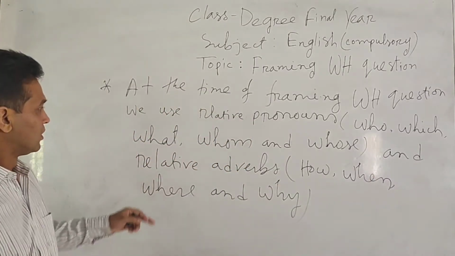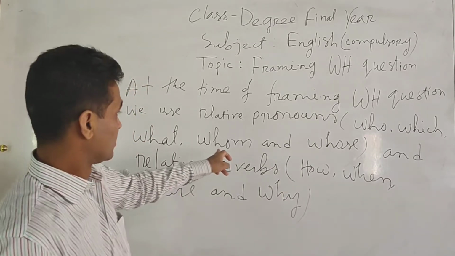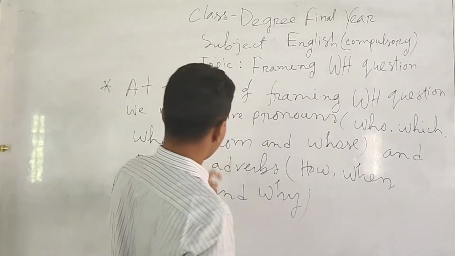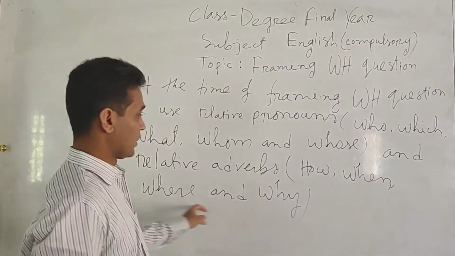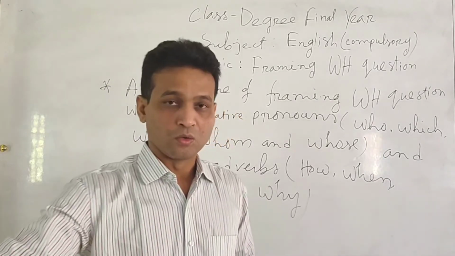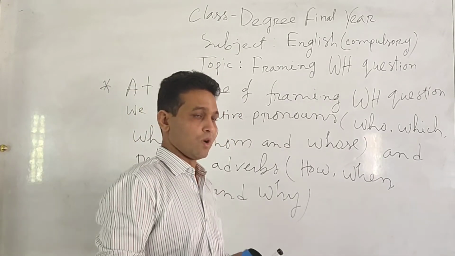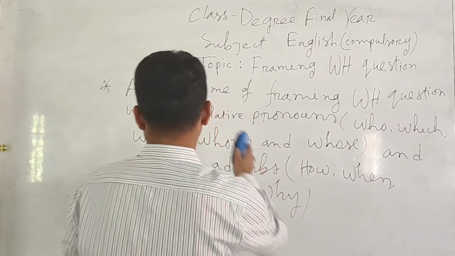These relative pronouns, there are 5 relative pronouns which begin with WH, and there are 4 relative adverbs: how, when, where, why. We always use these WH words to form or frame WH question.